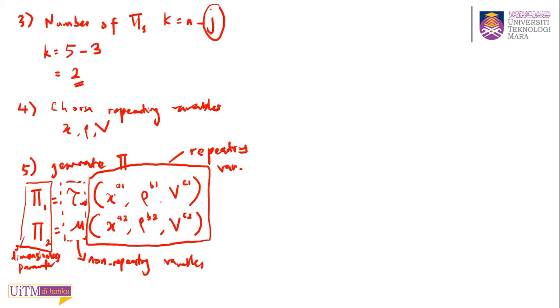Now you solve it one by one. Okay, let's say for the pi 1 first. Pi 1 equal to tau x A1 rho B1 V C1. Okay, because we know pi 1 is the dimensionless parameter, so the dimension will be M0 L0 T0. Because it's dimensionless.